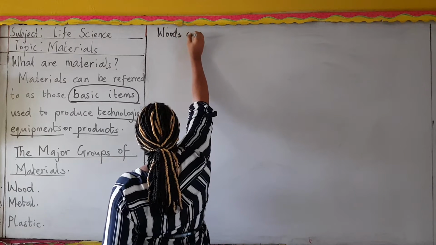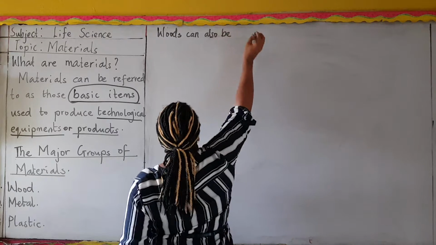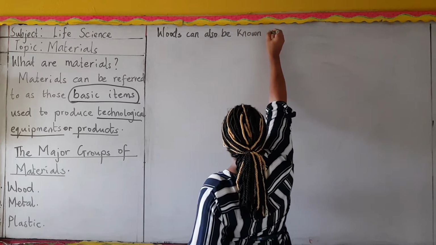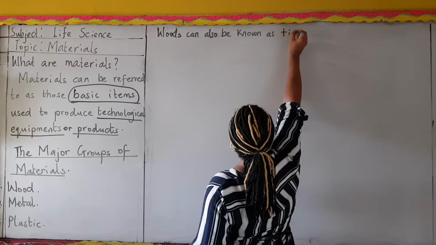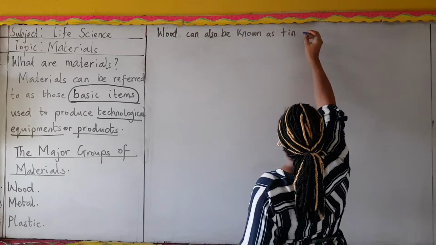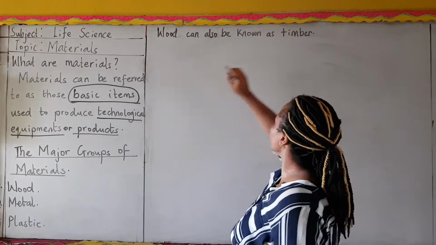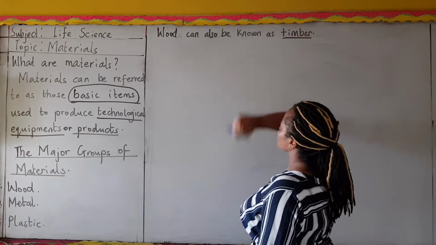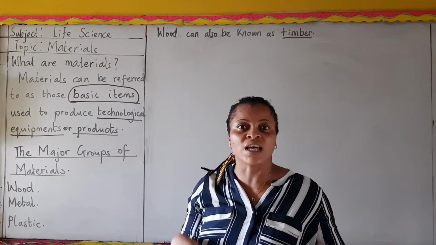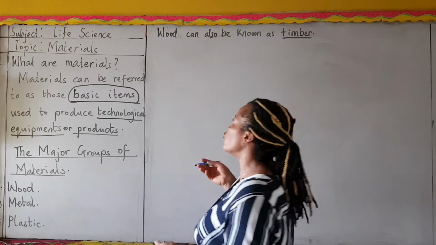Wood can also be known, it's good you know the other name, as timber. So if I don't want to use the term wood, I can use this other term, timber. We use it to produce our chairs, our tables, and a whole lot of things I've talked about. So let's quickly go to types of wood.